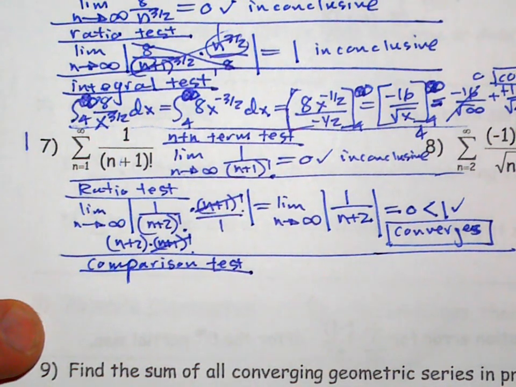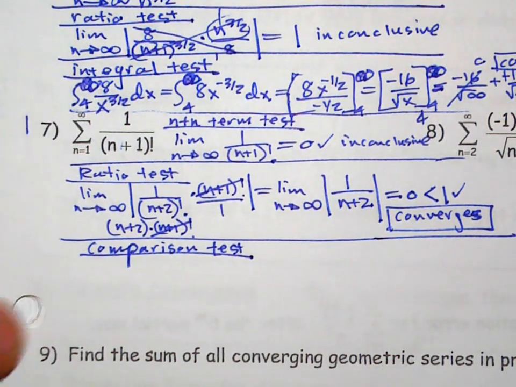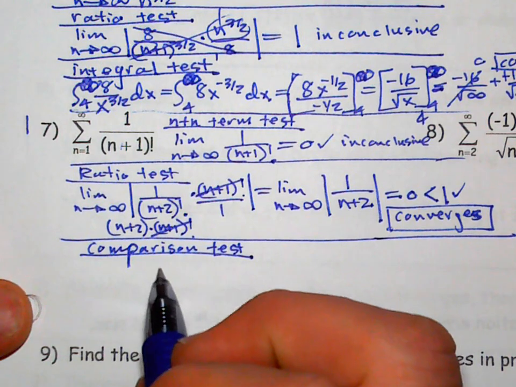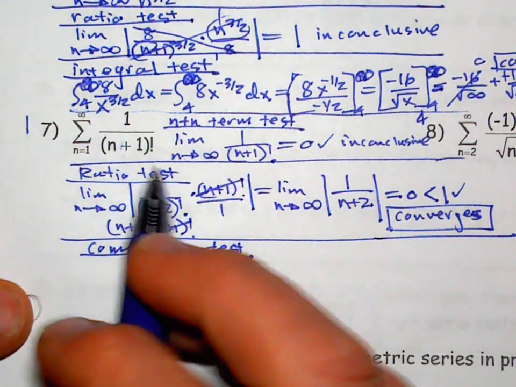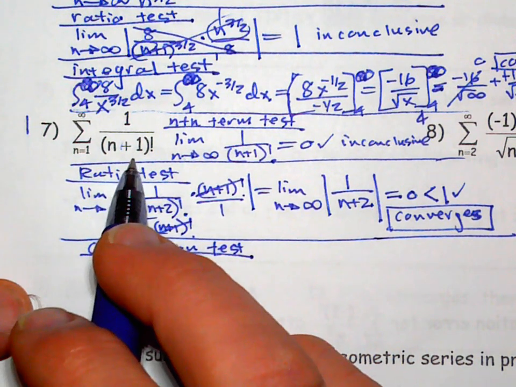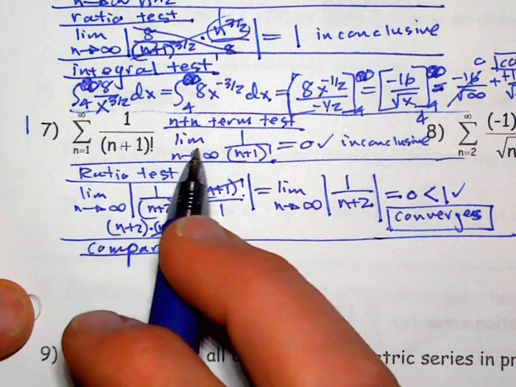Now, we already have a little bit of a sense that we know it converges, so I guess that gives us kind of inside knowledge. But you're going to look at the series and think, well, what's another series that's kind of like this that I know converges or diverges?